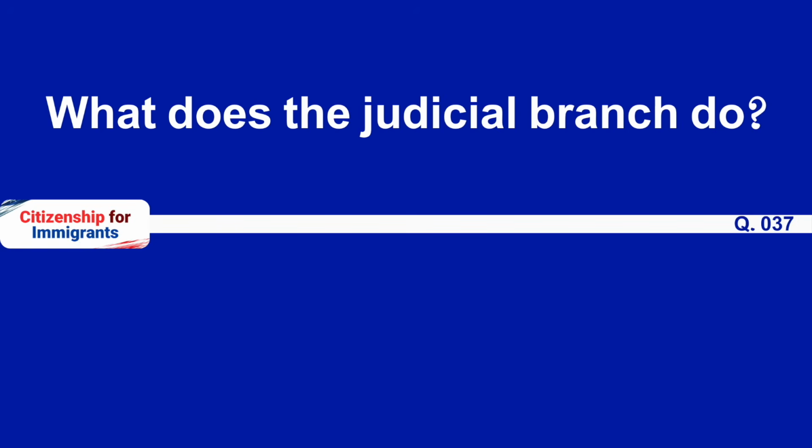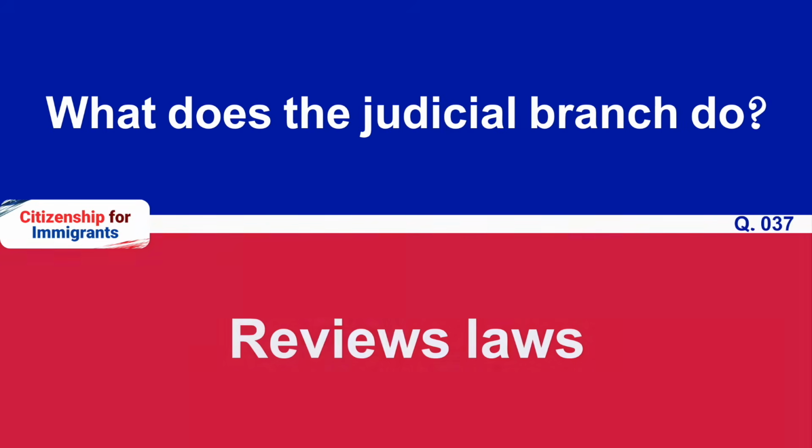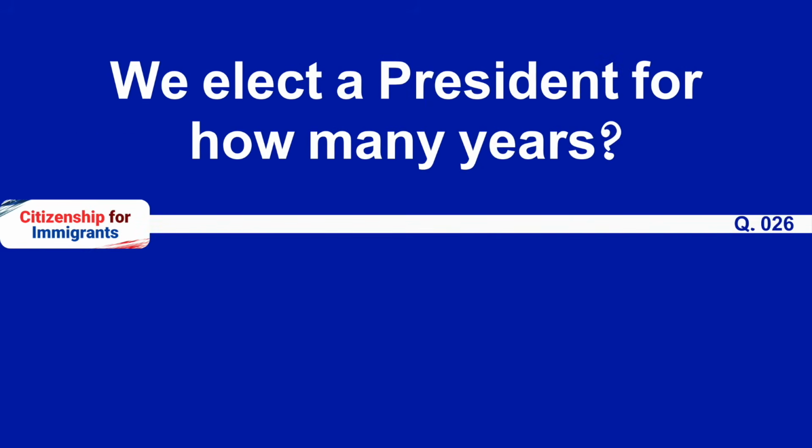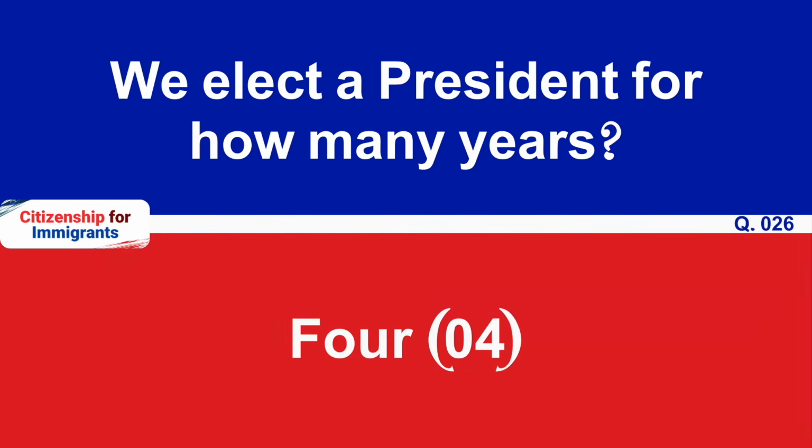What does the judicial branch do? Reviews laws. We elect a president for how many years? 4.